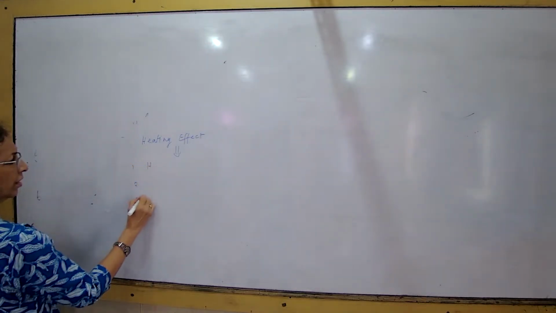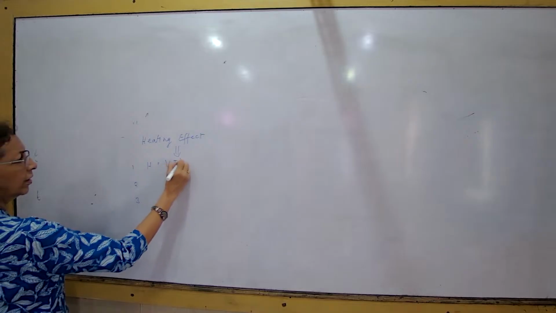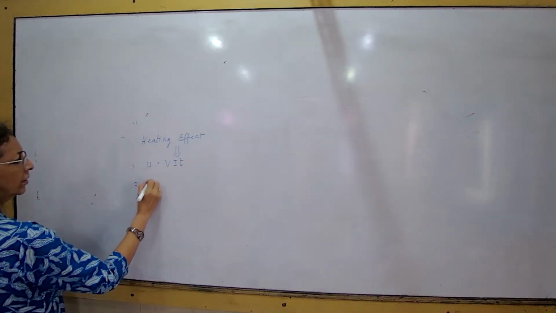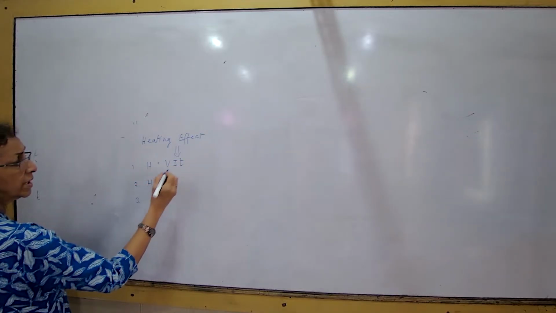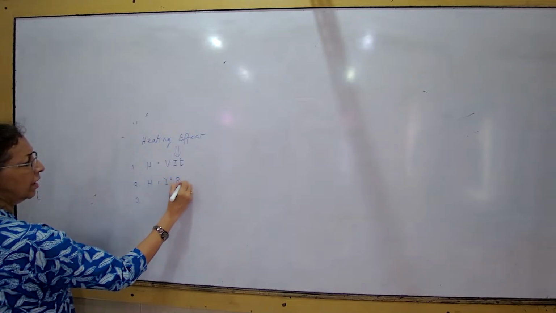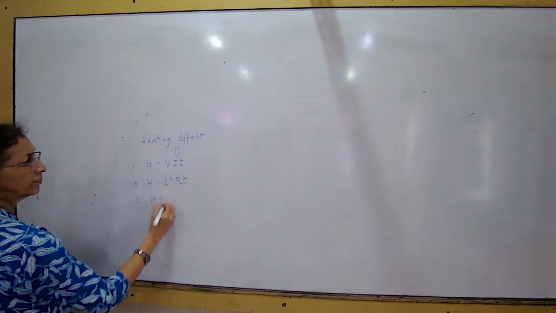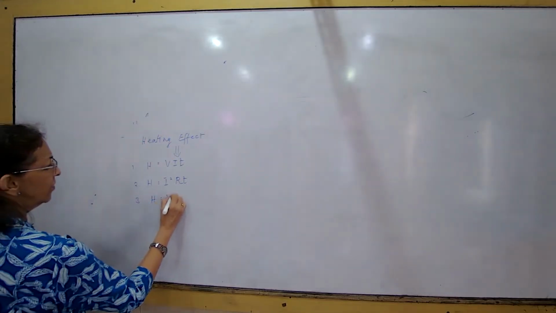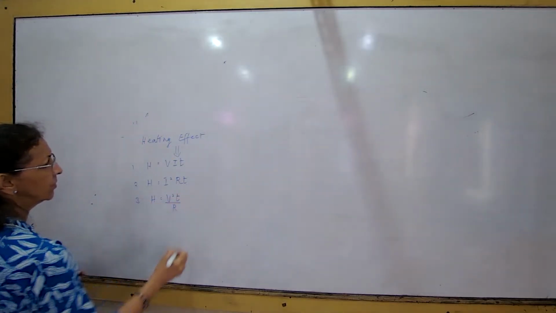H is equal to VIT, I square RT, and V square T upon R. Correct.